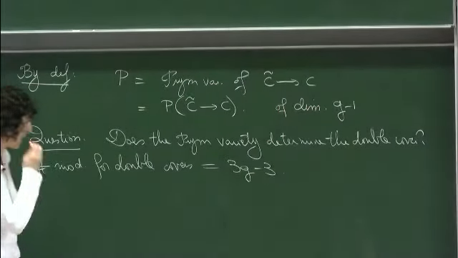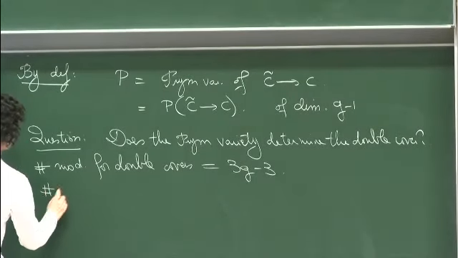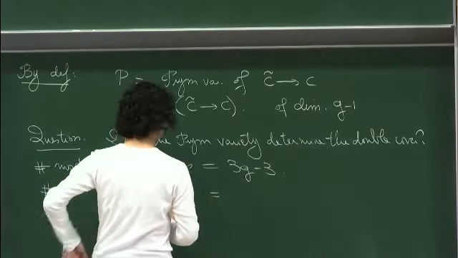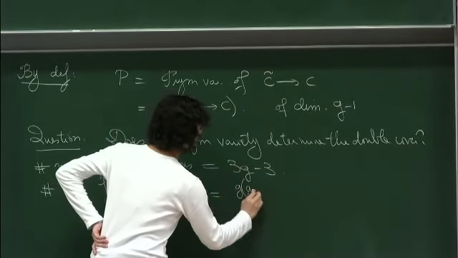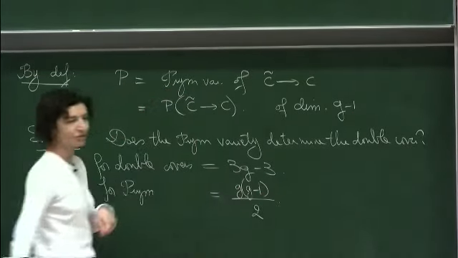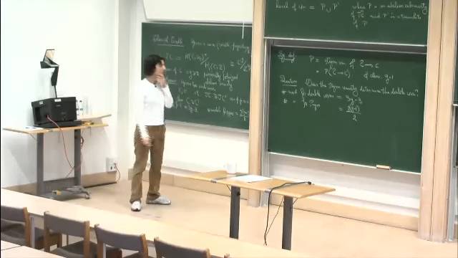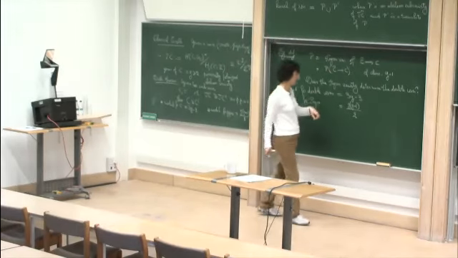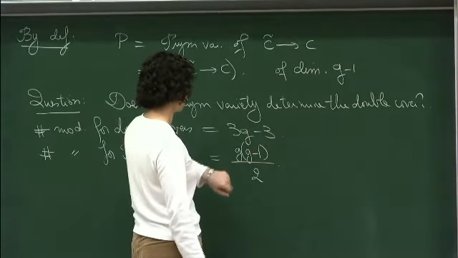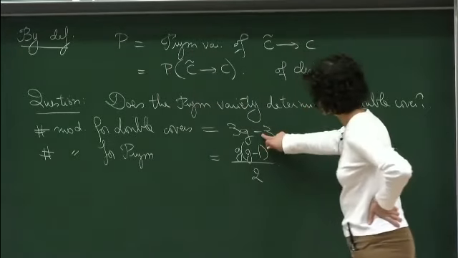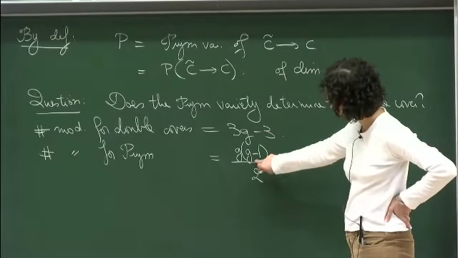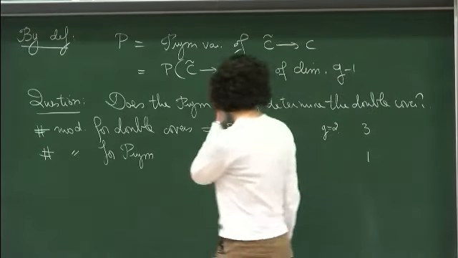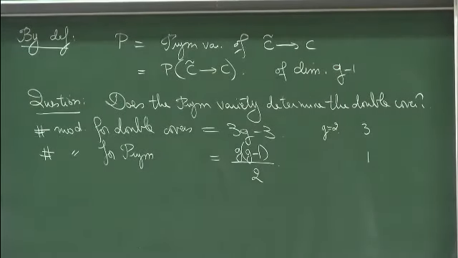So the number of moduli for the Prym is not g times (g plus 1) over 2, it's g times (g minus 1) over 2. So if you compute a little bit, if g is 2, for instance, you get 3 here, and you get 1 here. So Torelli is not possible just for dimension reasons.